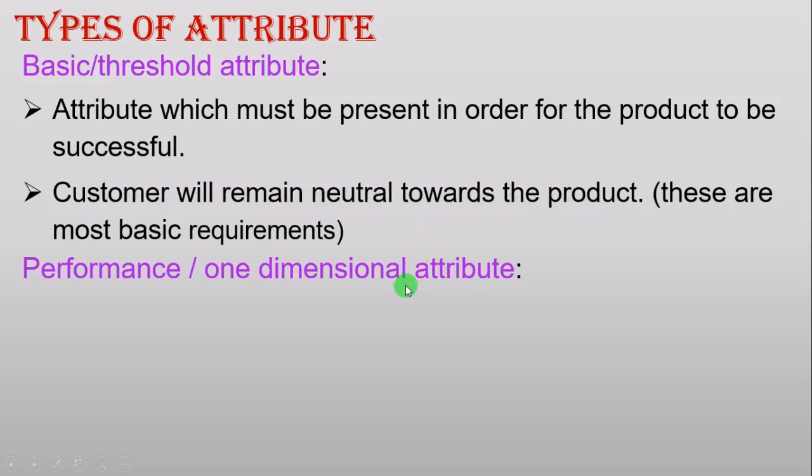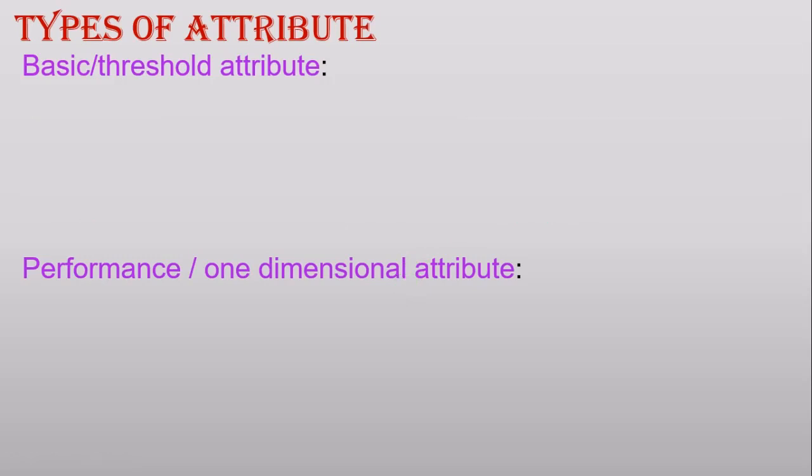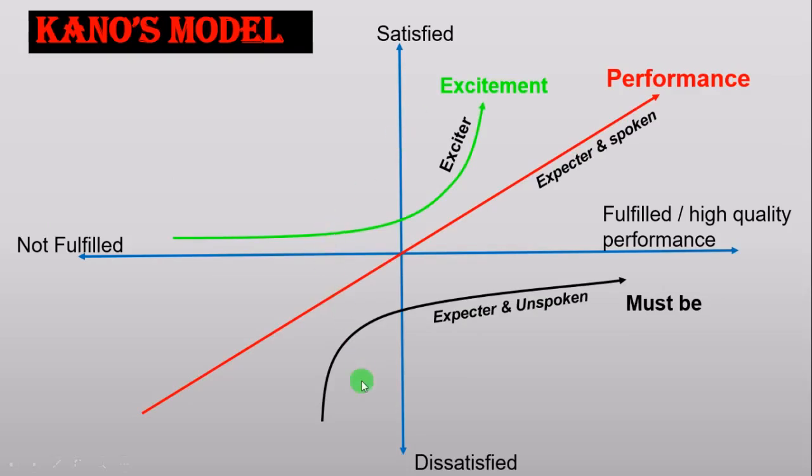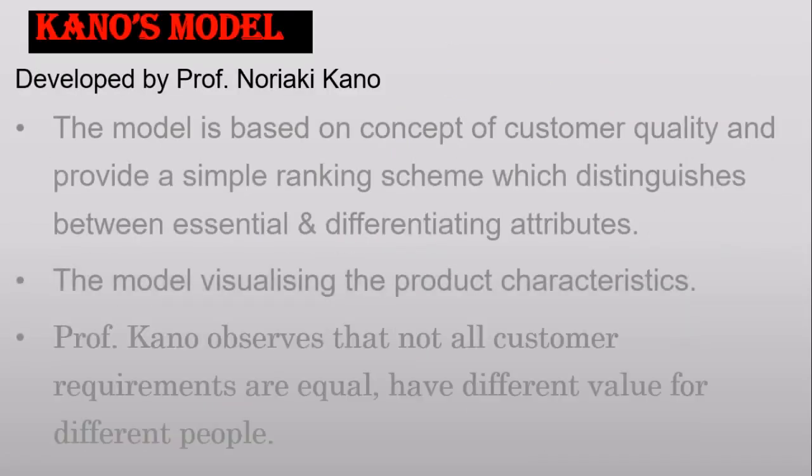Here we see the curve. This curve is called basic. Here the customer is totally neutral for these activities, but they are important in these products, so it is called the must-be or threshold attribute.